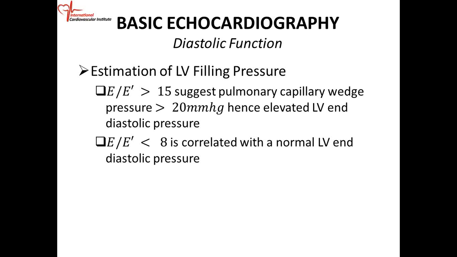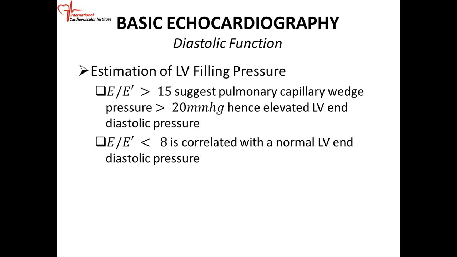When we put catheters inside the heart and we measure that wedge pressure, if it's more than 20 millimeters of mercury, then it suggests the pressure in the left ventricle is elevated. Okay? Elevated left ventricle end-diastolic pressure. So remember, the E to E prime ratio greater than 15 suggests elevated left ventricle filling pressures.